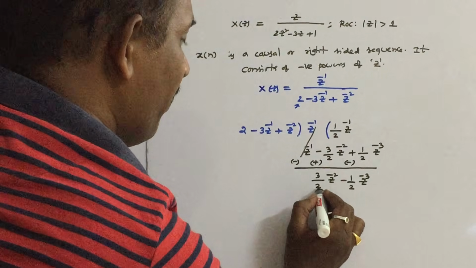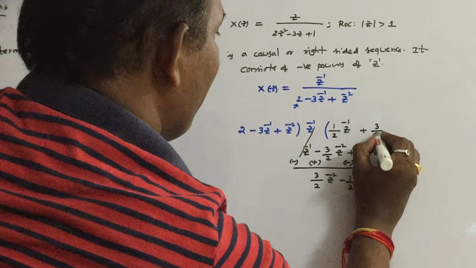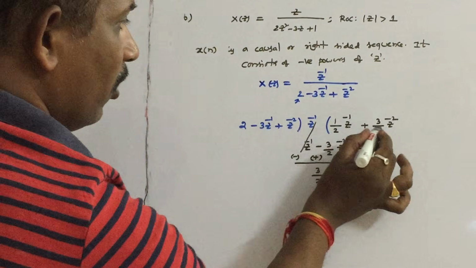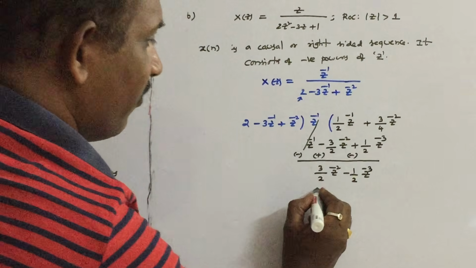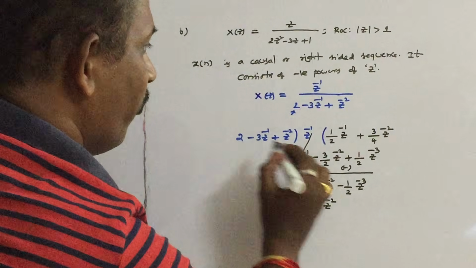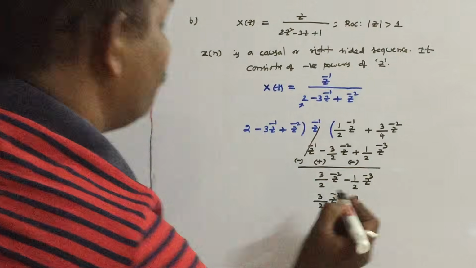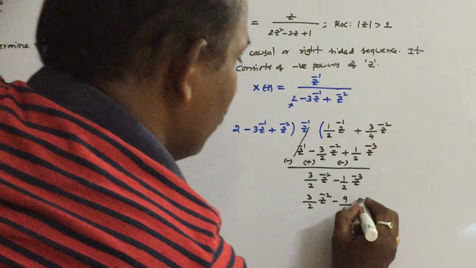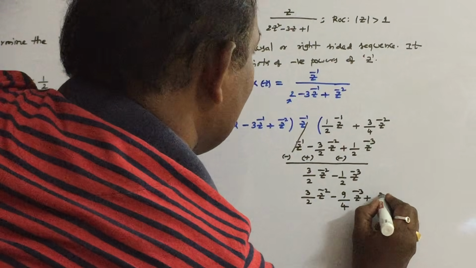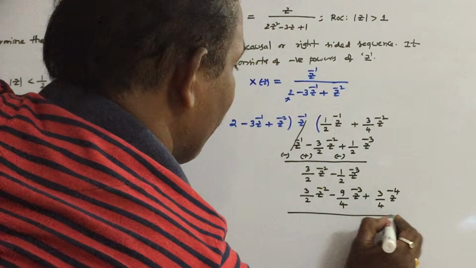To get 3 by 2 z inverse, just multiply with 3 by 4 z power minus 2. So you can see that it will become 3 by 2 z inverse. So 3 by 4 into 3, it will become minus 9 by 4 z power minus 3 plus 3 by 4 z power minus 4.